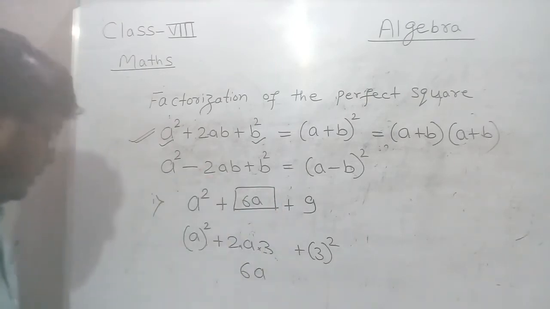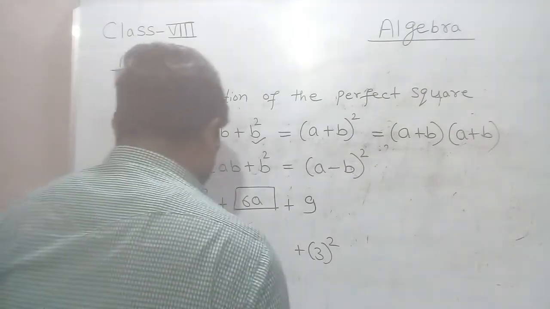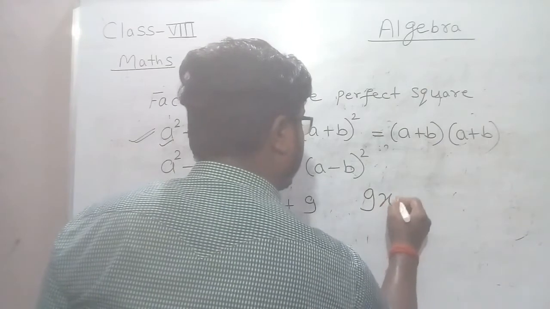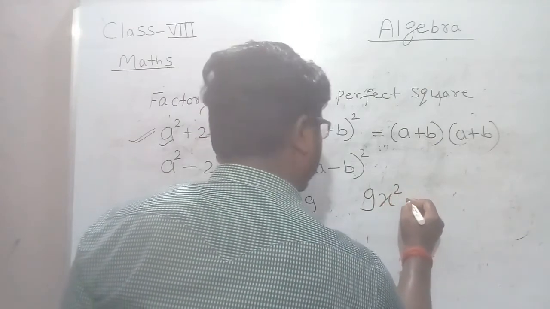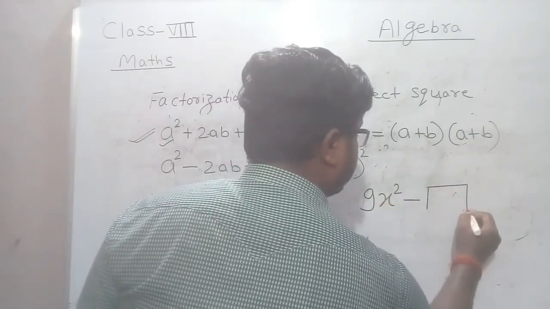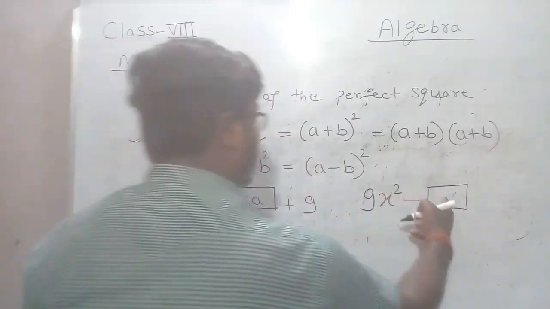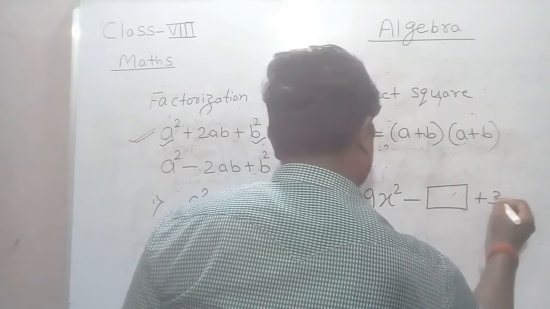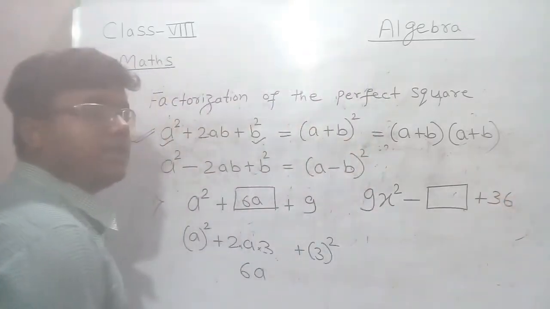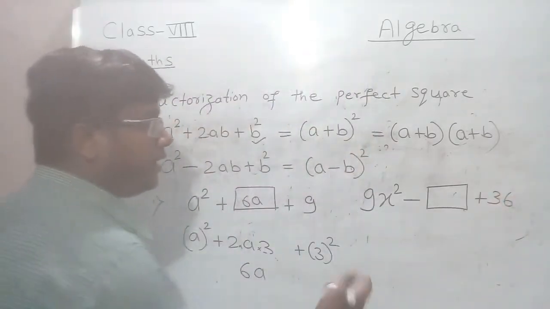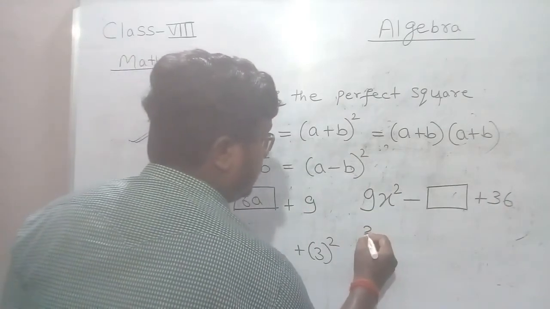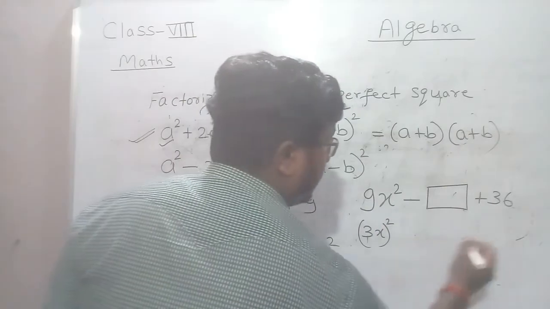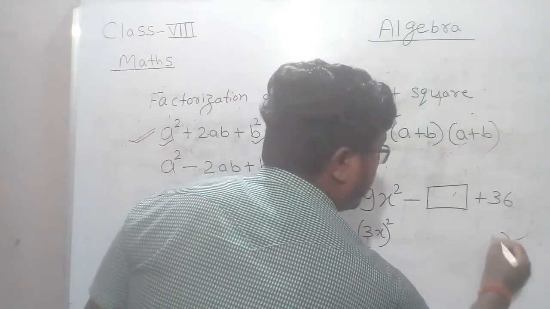In the missing term there must be 6a. Similarly, suppose there is 9x square minus missing term plus 36. First of all, you have to see the square terms. The square term is 3x whole square, and this is just 6 whole square.